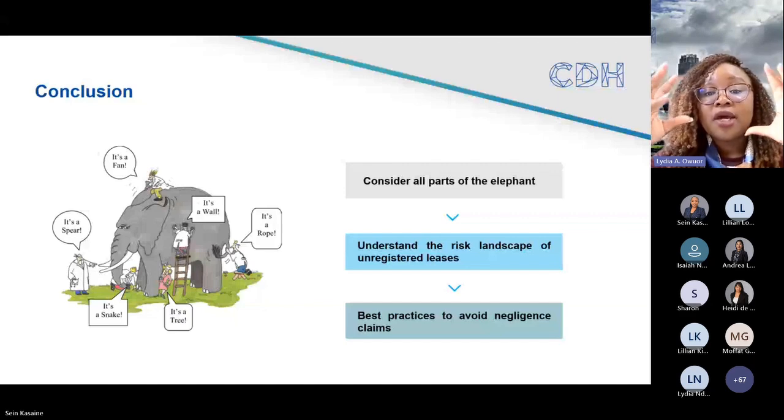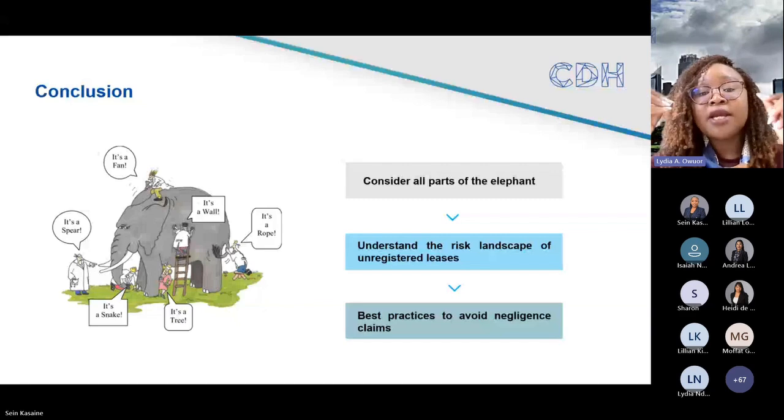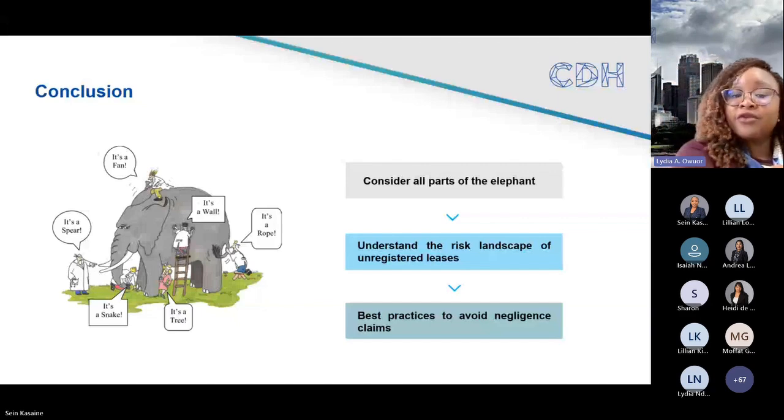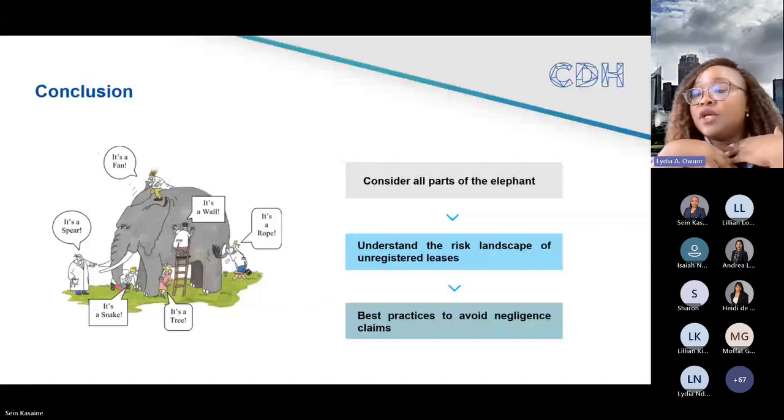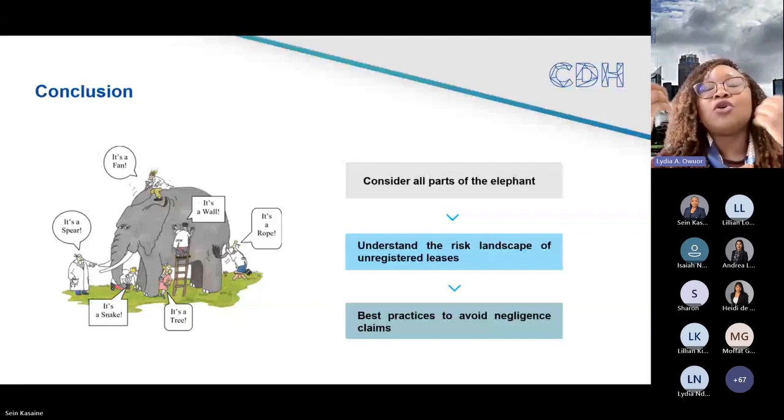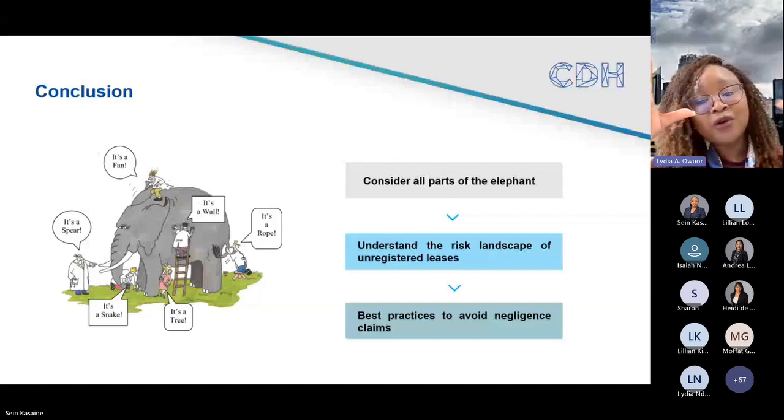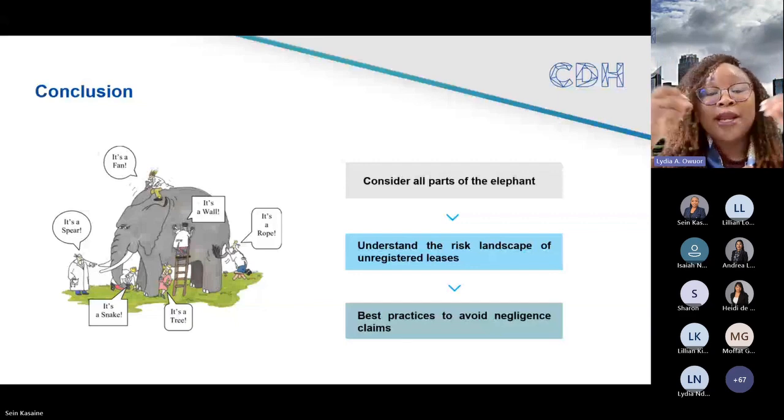Yeah? And we now understand what being in a leaseholder position means. So advising a tenant without considering the implications of non-registration, in my view, is like touching only one part of this elephant and missing the overall context. I hope the analogy drove the point home.